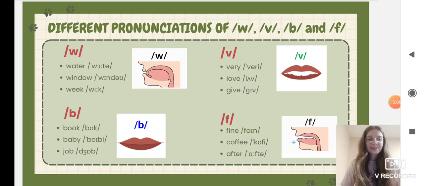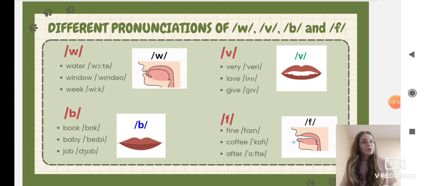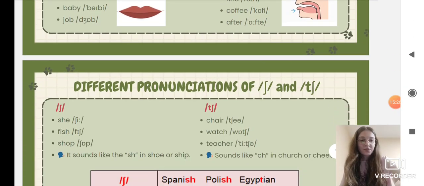You can hear the sound clearly. For example, you can say very, love, and give. For B sound, we have book, baby, and job. And lastly, for F sound, we have fine, coffee, and after. And yes, this is our page.